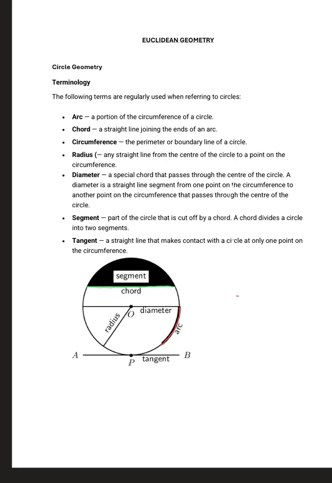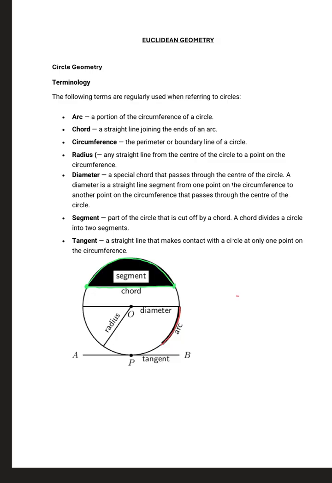The definition says it is a straight line joining the ends of an arc. The arc that we are referring to is this arc. Can you see? This is the arc. So the chord joins the ends of this arc. So that's a chord.